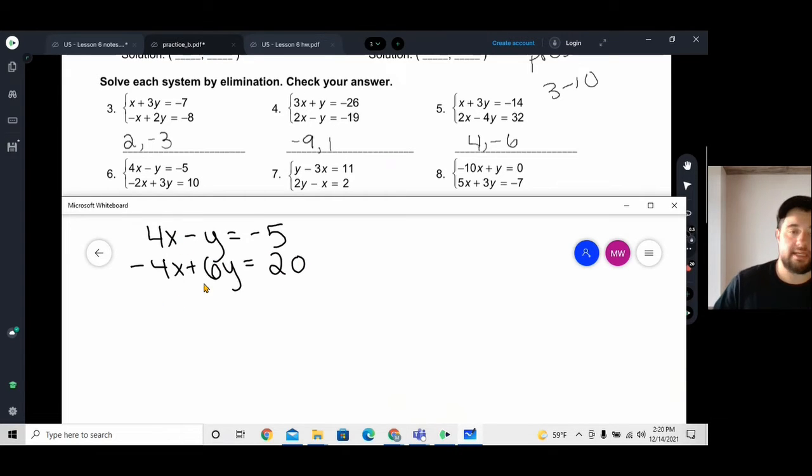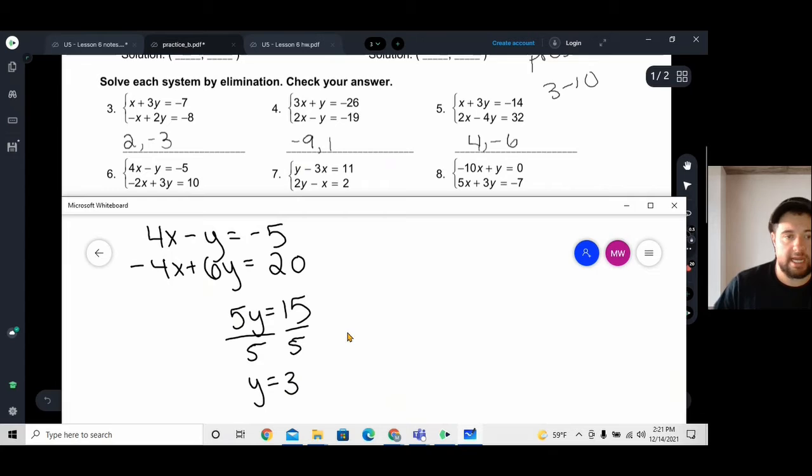Now, my x's will cancel, and I'll end up with 5y equals 15. And I'm going to divide by 5, and I'm going to get that y equals 3.